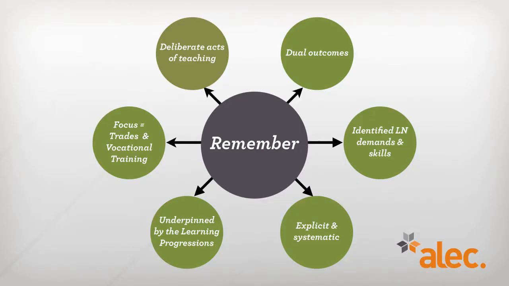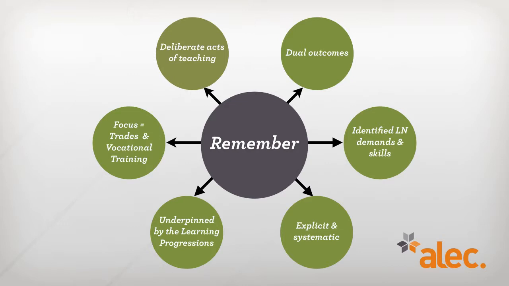So just a quick reminder, embedded literacy and numeracy is not literacy and numeracy for everything. However, it is all of the things here on the slide. It's narrow and highly specific in its focus on your particular trade or area of vocational training. And it's based on identified literacy and numeracy demands and skills.